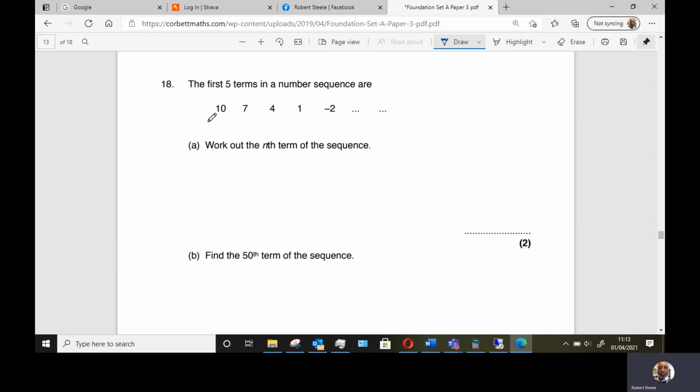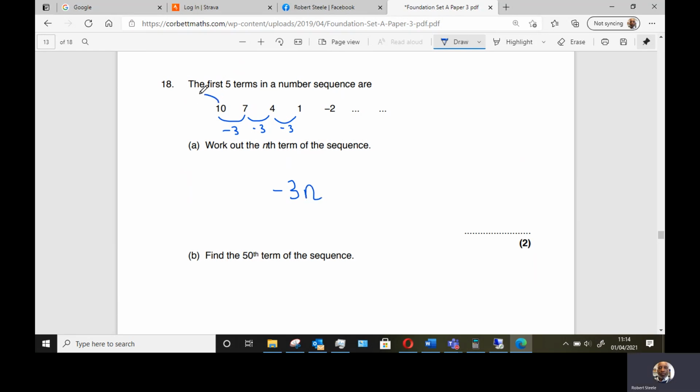First thing you need is the difference from one term to the next. So this sequence is going down, so start our nth term with minus 3n.